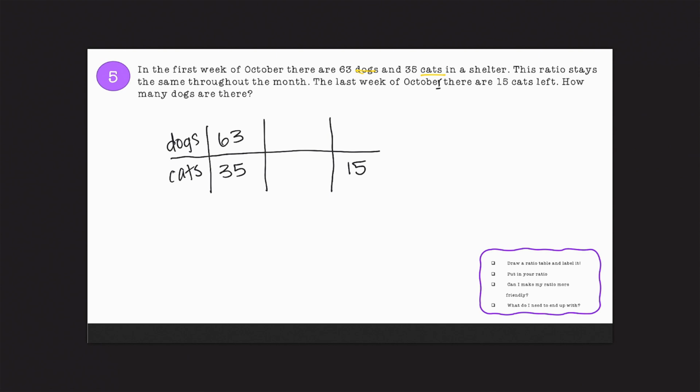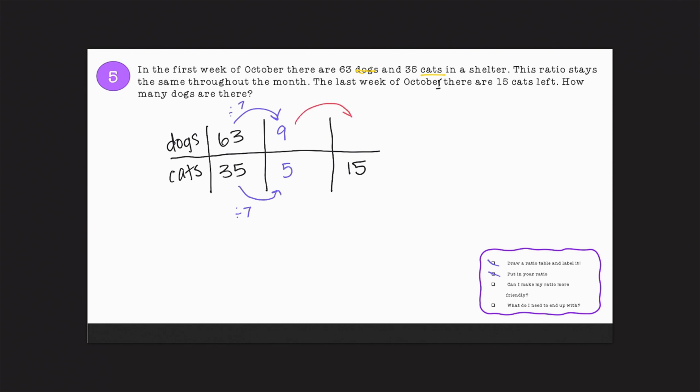So first thing, let's make it friendly. What goes into both 63 and 35 that is the greatest factor that they have in common? I know that 7 can go into 63 and it also can go into 35. So 63 divided by 7 is 9, and 35 divided by 7 is 5.